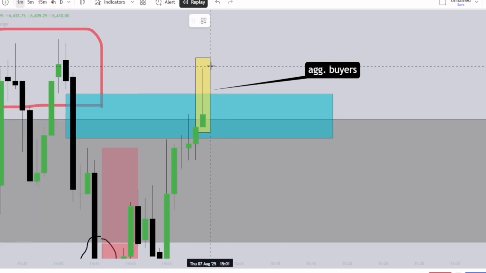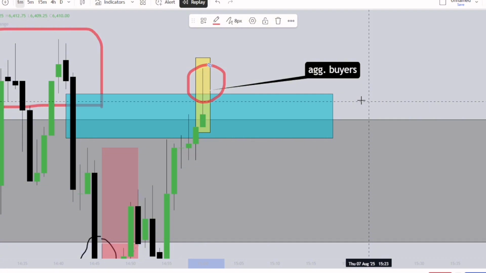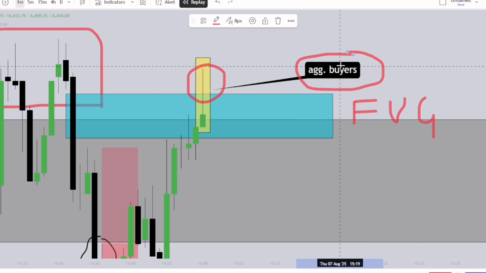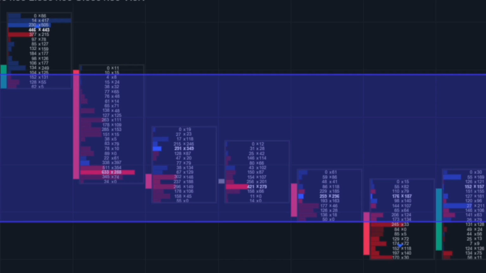I want every trader to understand that buyers were being exhausted inside of this fair value gap. If you're trading fair value gaps, you want to look for aggressive buyers to fail, and you see that via the delta. If we go to the order flow footprint charts and look all the way at the top, you can see a very, very large positive delta.